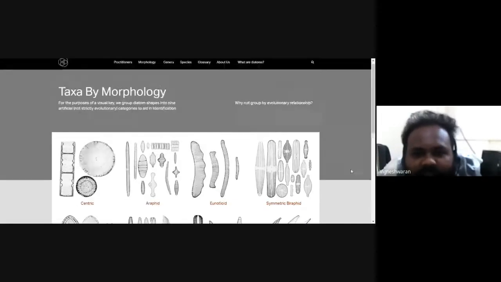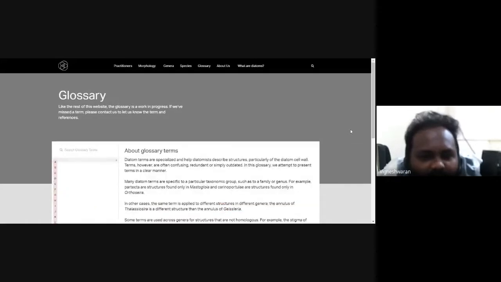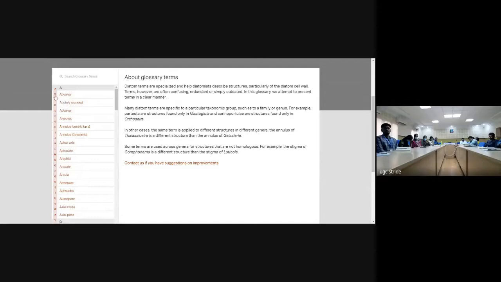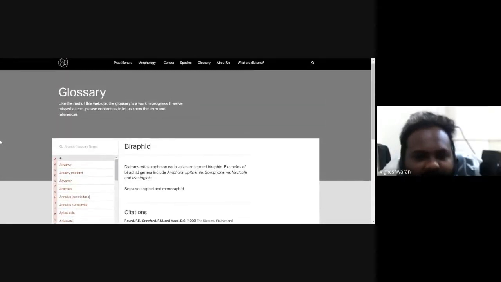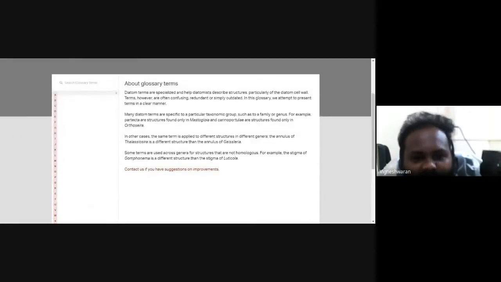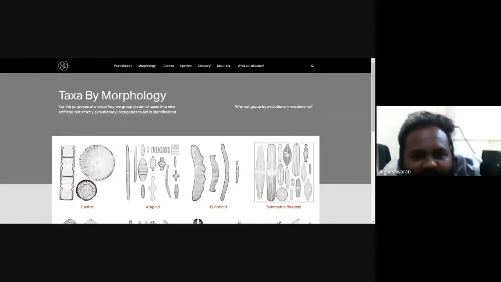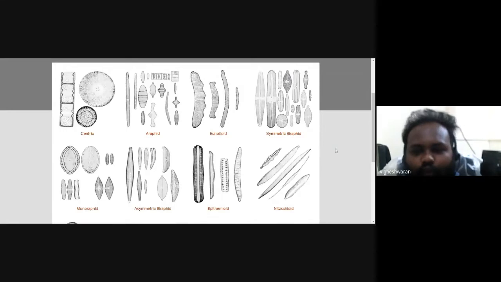Let's see in the glossary, then it will be very easily understandable. This is biraphid. Here there is no image. As Karthik sir mentioned before, just consider a diatom as a soap box.